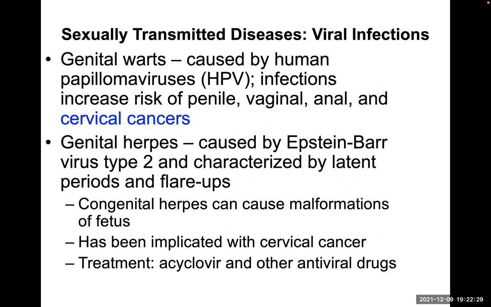So in the vagina, also males carry that virus if they're infected in the epithelial tissue in the pubic region. And HPV can cause, from a lesion standpoint, what's called genital warts.